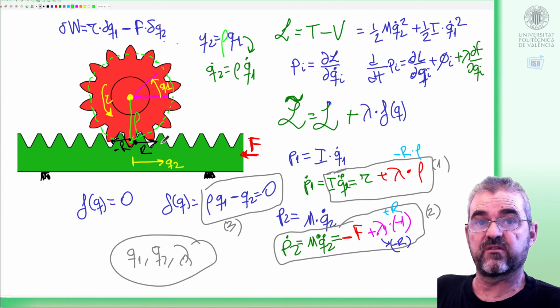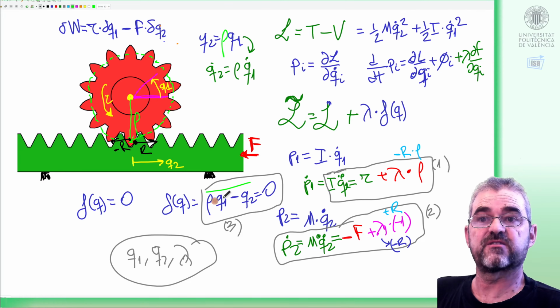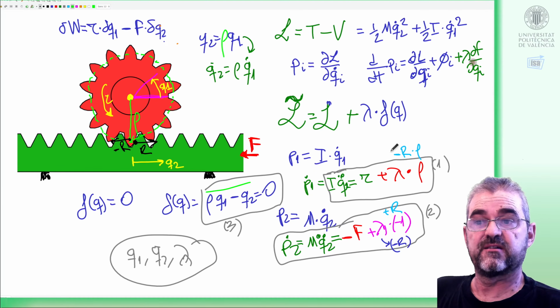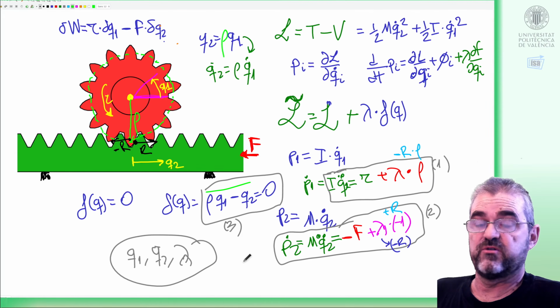Two of them are 1-degree-of-freedom unconstrained versions, expressing the Lagrangian only as a function of Q1 or only as a function of Q2, and a third way in which we kept the Lagrangian as a function of Q1 and Q2, and we introduced this kinematic constraint via a Lagrange multiplier, so we ended up with three equations and three unknowns. All three ways of expressing the equations of motion are equivalent, so depending on the situation, you can decide which one to apply. Well, we end here.